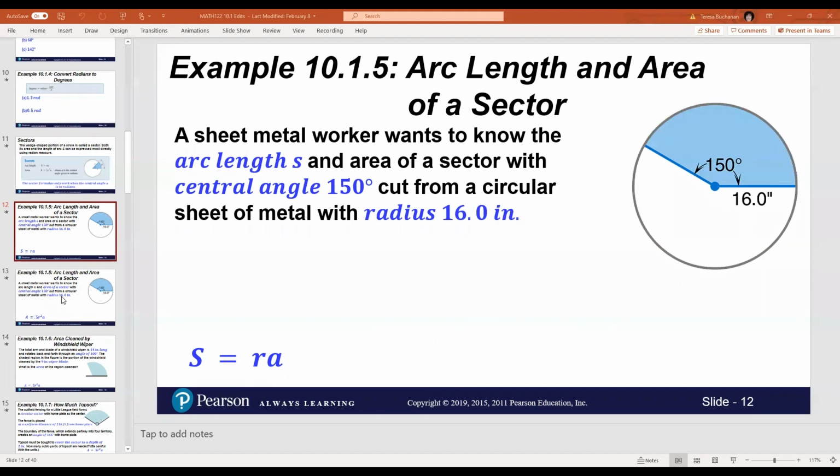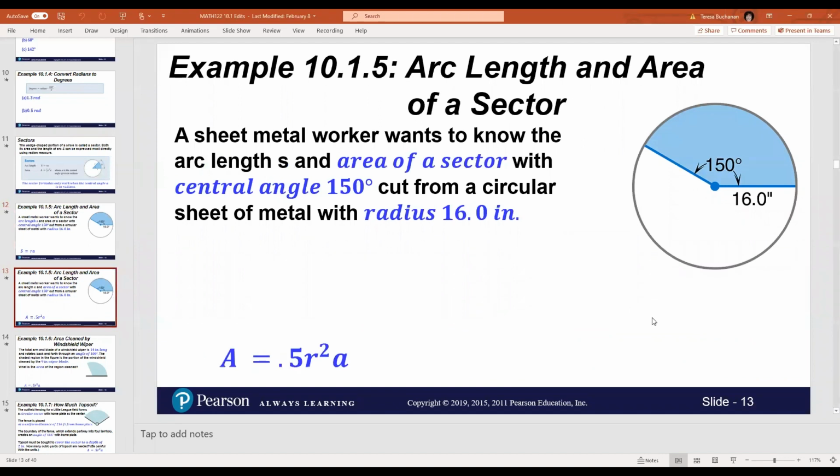So let's do the area then. He also wants to know that blue area. And so we substitute in. Area is 0.5 or 1/2 times the radius, which was 16. 16 squared is 256. Let's check.